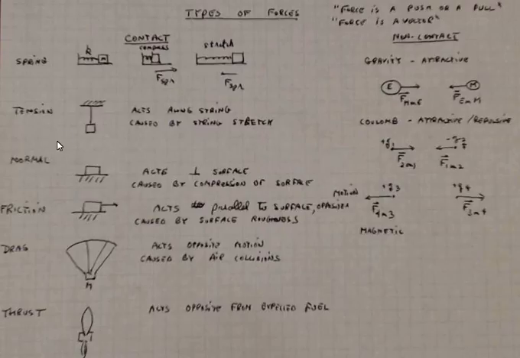Second force, tension. Here I have a simple picture of a mass hanging in the Earth's gravitational field, and of course it thereby has a non-contact force of the Earth on it. That would be this right here acting on this mass, pulling it down.